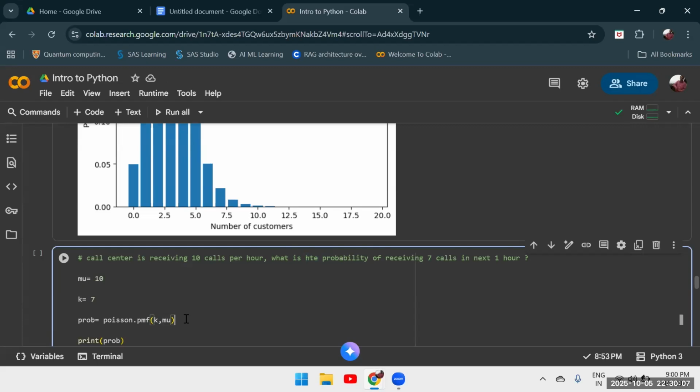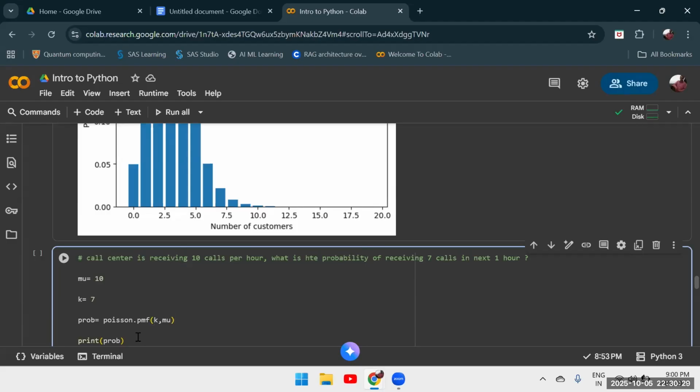So now, receiving exactly 7 calls will be what? Let's estimate the probability. Since it is 1 hour I have been told, the time range will be 1 here. So we need not directly mention it; by default it will be taking it as 1 hour.